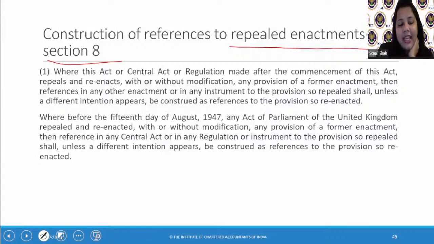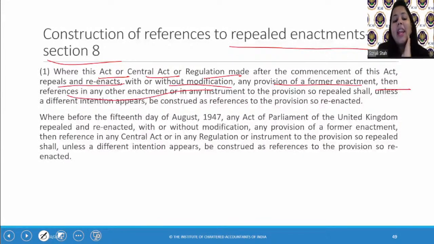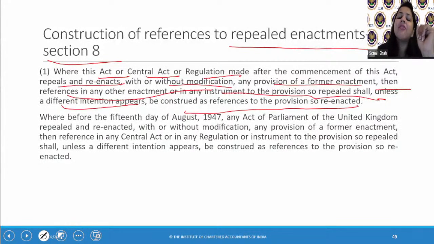So section 8 says, where this act, central act or regulation made after the commencement of this act repeals and reenacts with or without modification any provision of a former enactment, then reference in another enactment or in any instrument to the provision so repealed shall, unless a different intention appears, be construed as reference to the provision so reenacted.